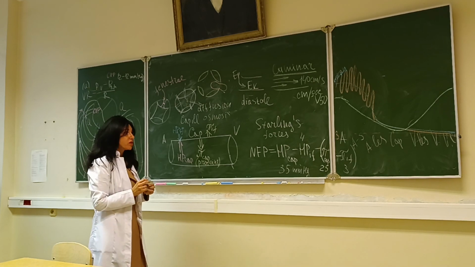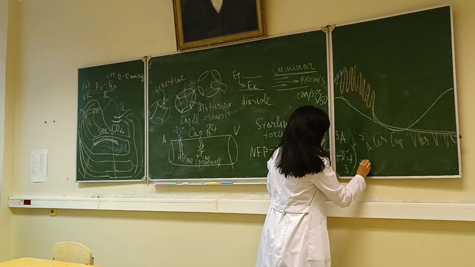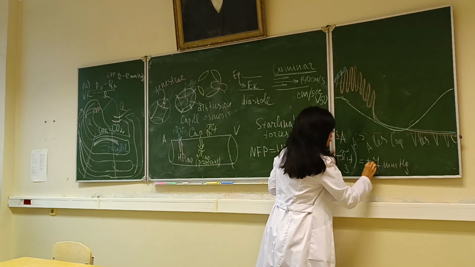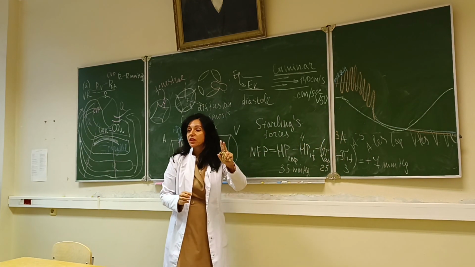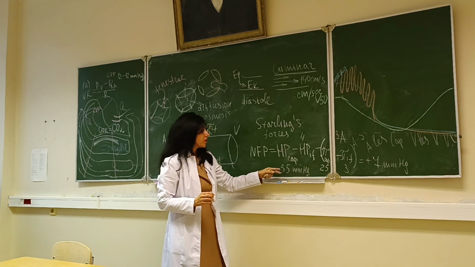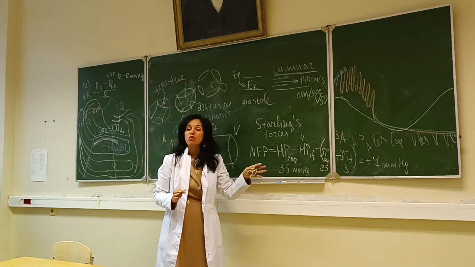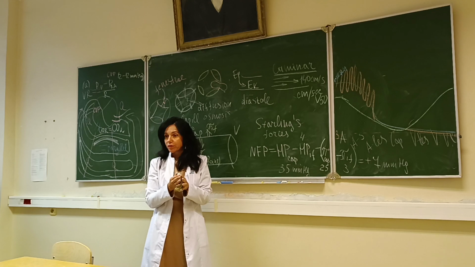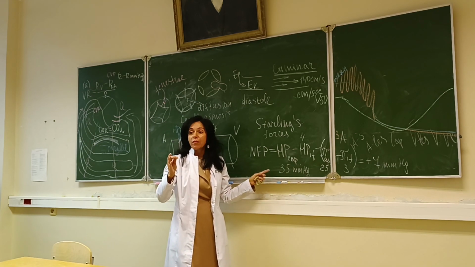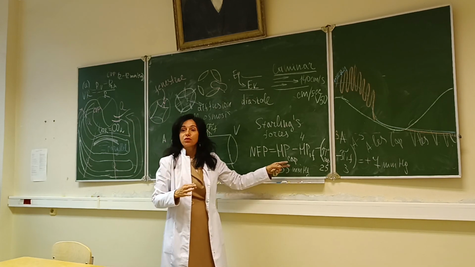The result is about 7, plus 7 millimeters of mercury. This number may be a little different, plus 6 or plus 8, depending on these numbers, because oncotic pressure may be between 25 and 30, and hydrostatic pressure in capillaries may also vary within some range, 35, 36.